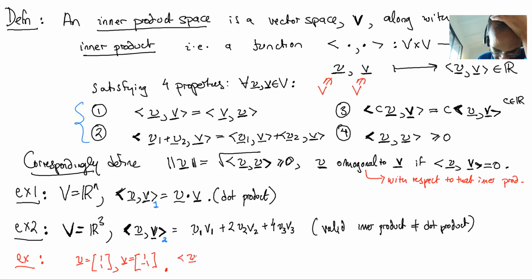Well, the standard dot product of these, this is in R2. Okay, fine. I guess I need the third coordinate, fine. So the standard dot product of these is 0, right? That's 1 minus 1, which is 0. So they're orthogonal, right?